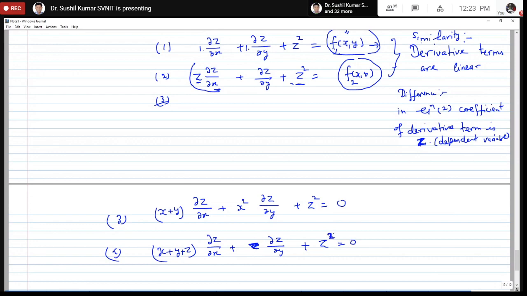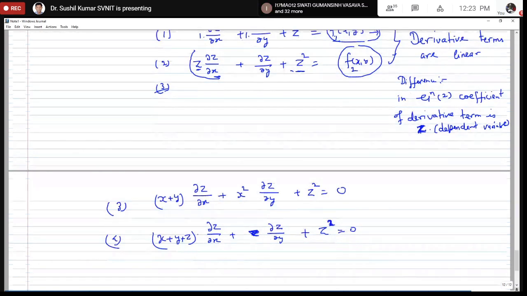Now we have the same similarity: derivative terms are linear, meaning there is no power of derivative terms. Is that clear? Now what is the difference? In the second one, z is a coefficient of the derivative terms, and here we only have the independent variable.